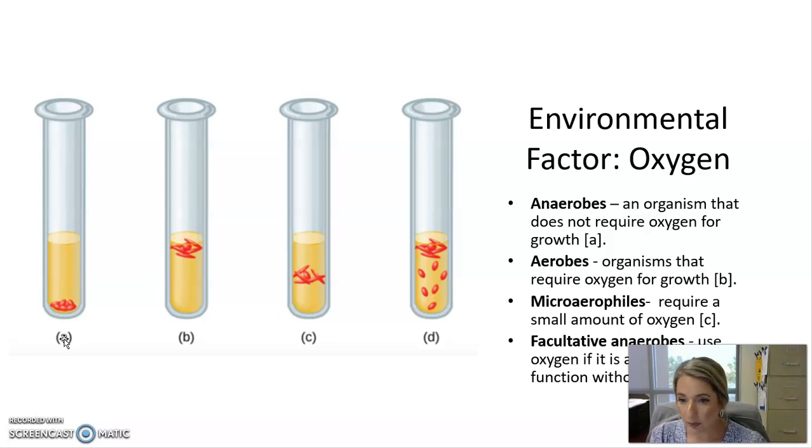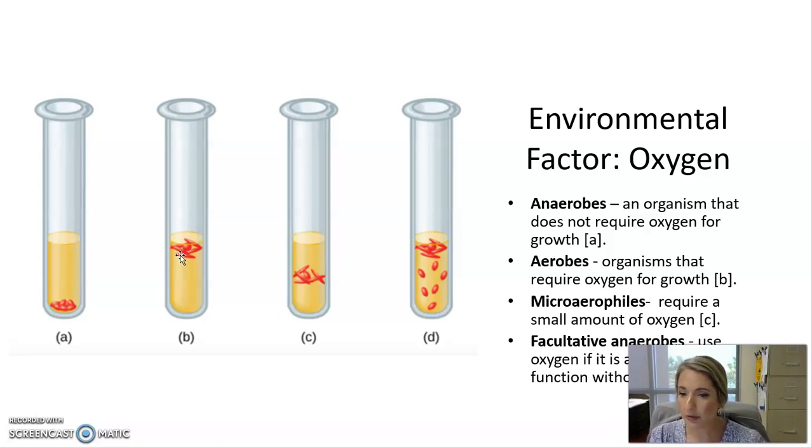Then there's aerobic microorganisms. Aerobic microorganisms must have oxygen in order to survive. So they are very much dependent on oxygen. So if you put them in a broth test tube, they would always grow right at the top surface so that they would get direct exposure to oxygen for cellular growth.